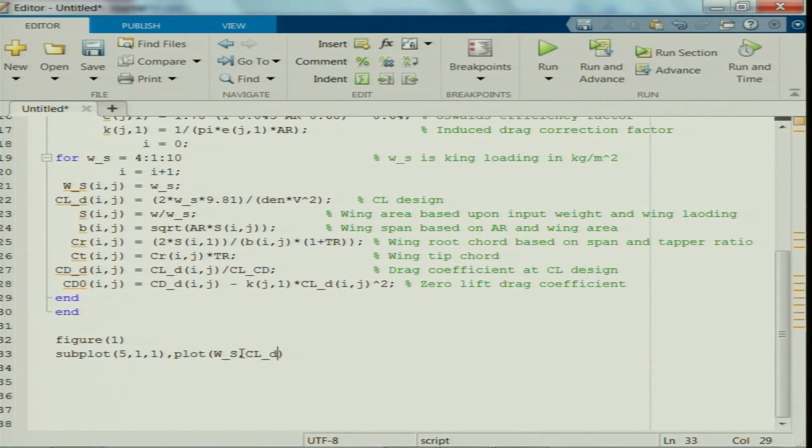Wing loading will be more or less the same for every j, colon comma 1, because we are varying it from 4 to 10 as I told you. So, the CD design will vary with aspect ratio. So, let us say colon comma 1, this is for the initial aspect ratio, aspect ratio 4, we have 6 such plots here. So, we will try star k and then we will hold on.